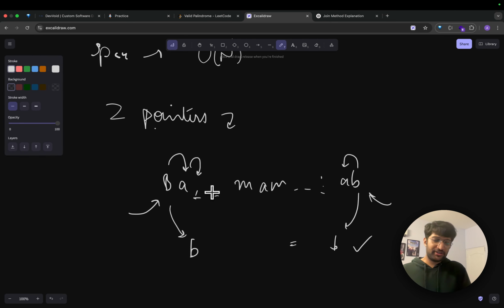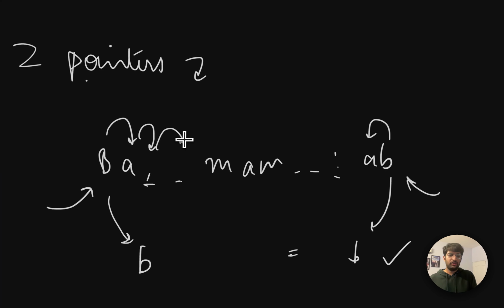Next is the interesting part. When we go to the next left, what happens is you find a comma. If you find a comma, what do you do? Skip it. You find a space, skip it. M we found, we stop there.